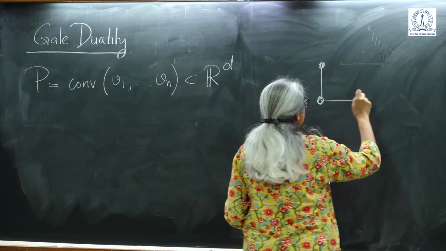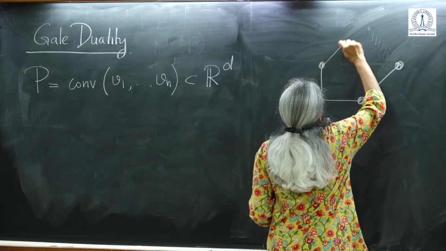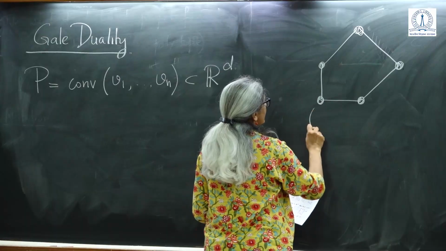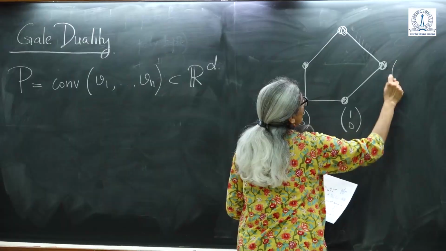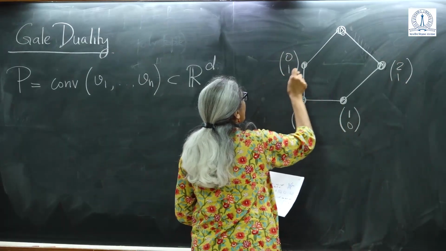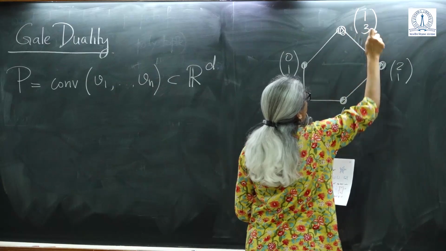I take a pentagon. Let's make it like that. Okay. And I'm going to give it coordinates. So the coordinates here are (0,0), (1,0), and maybe this is (2,1), this is (0,1), and this is (1,2).